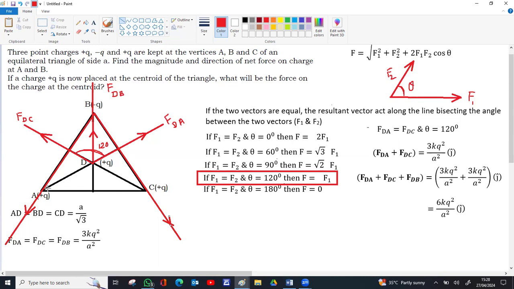So FBA and FBC are both equal in magnitude and the angle is 60 degrees. For 60 degrees, the resultant will be root 3 times one of the forces. The resultant force will be along the bisector, which is downward, minus j cap. This is equal to root 3 times one of the forces. One of the forces is kq square by a square. So it is root 3 times kq square by a square.